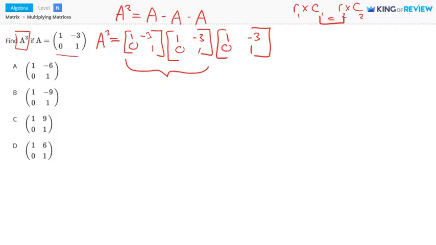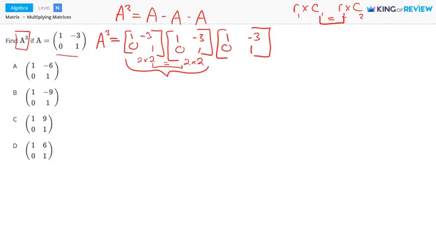So let's look at this first matrix. This is a 2 by 2, and this one is also a 2 by 2 because it's the same one. So since these two numbers are equal, we know that the product will be defined.